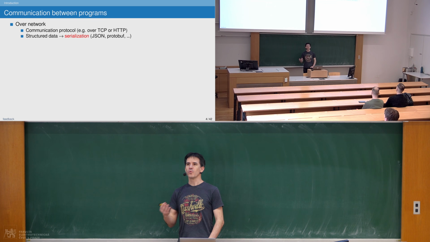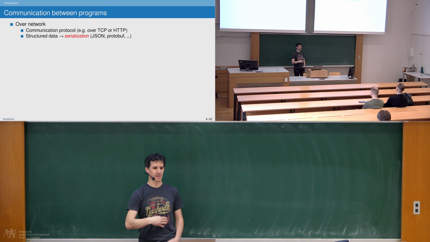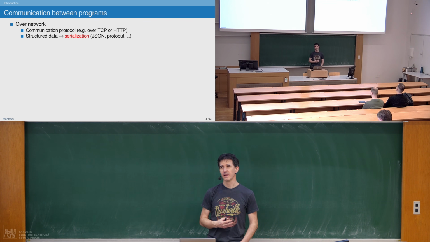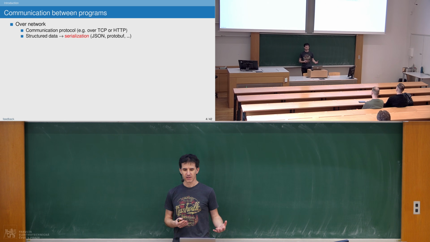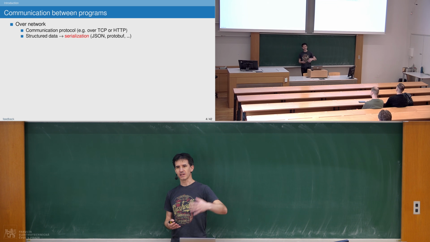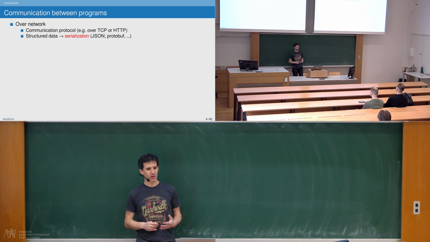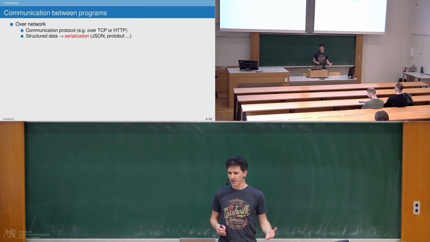Whenever you need to communicate, you need to pass the data to the other side and vice versa. The procedure of encoding the data which you have in local variables in a way that the other side understands them is called serialization. That's the main topic of today, how to serialize data efficiently.